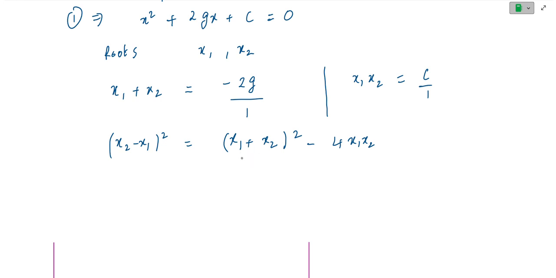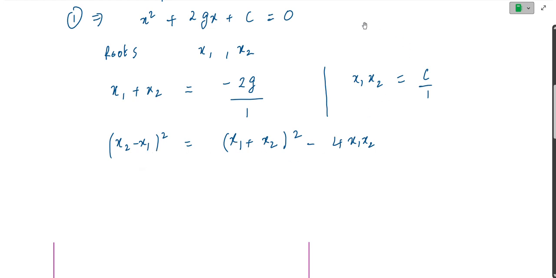If we simplify the right hand part of this equation, we will get the left hand side part of the equation. So if you simplify this, we will find this fact.